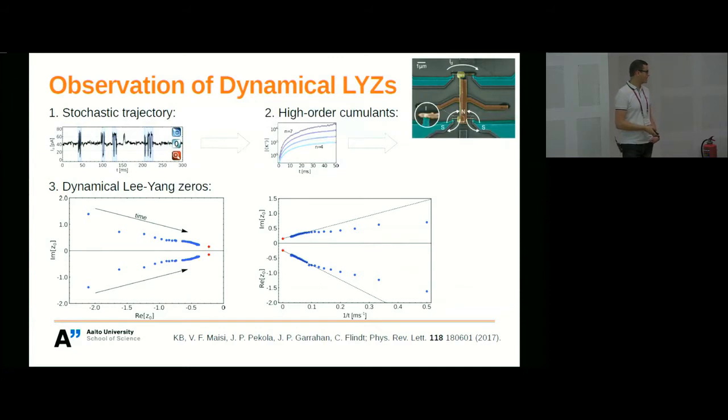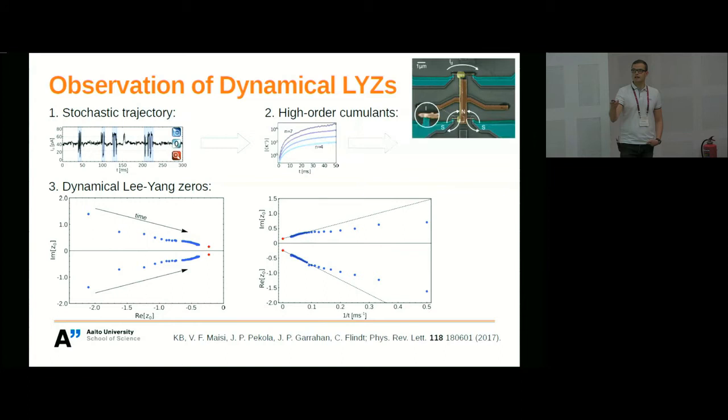They become linear in time, because your moment generating function, I will talk about that in a minute, satisfies the large deviation principle. And then this is basically just the higher order derivatives of the large deviation function times time.